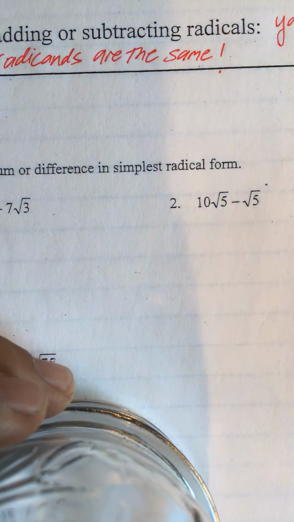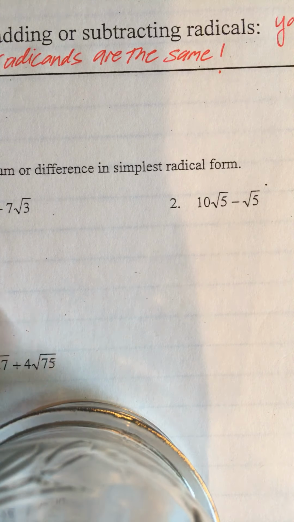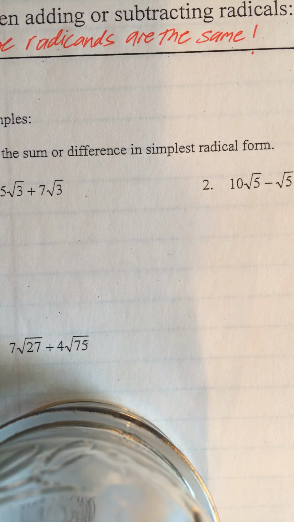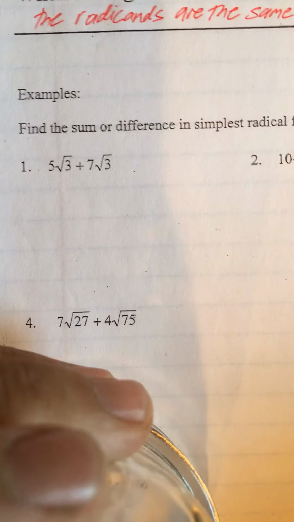Okay, so it's like adding like terms. So in order to add or subtract variables, they have to be like. Both have to be x, both have to be y, both have to be z.